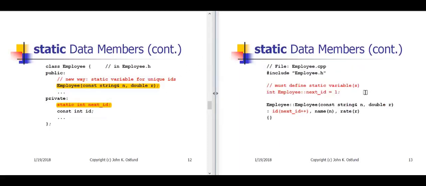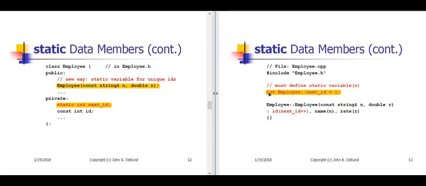In the code file shown here on slide 13, this is a picky technical detail that's easy to forget, but when you have a data member declared static in your class, you have to provide a definition of that static data member in your code, that is, in the code file that implements the class. So here we have that nextID is a member of the employee class.